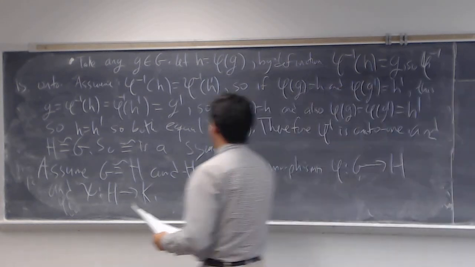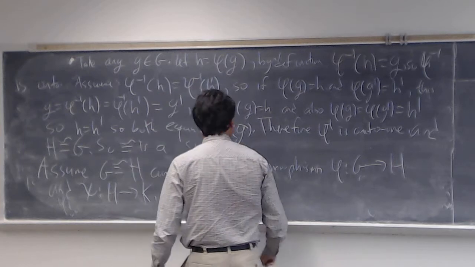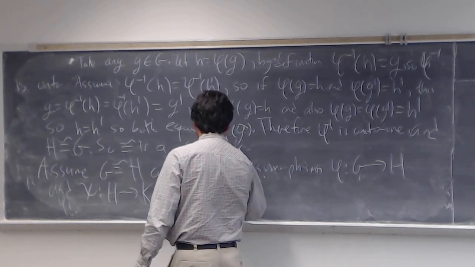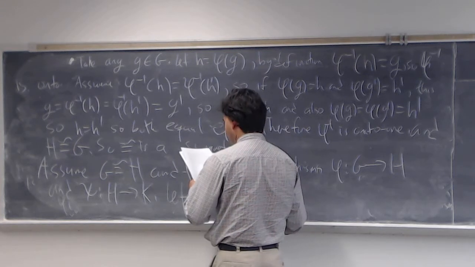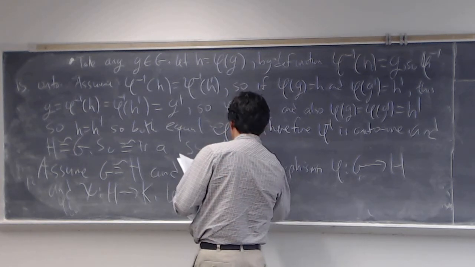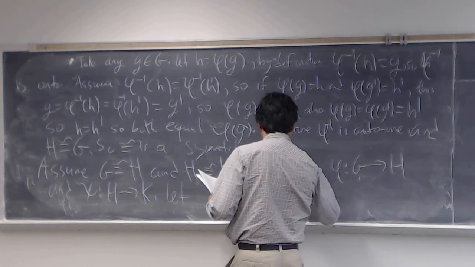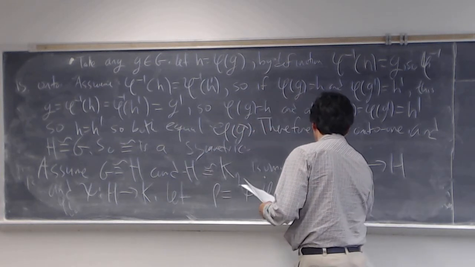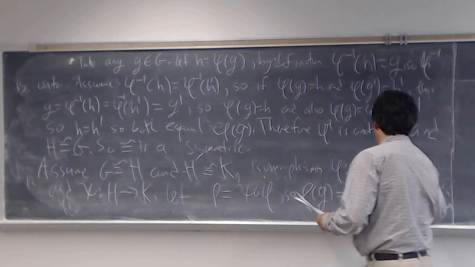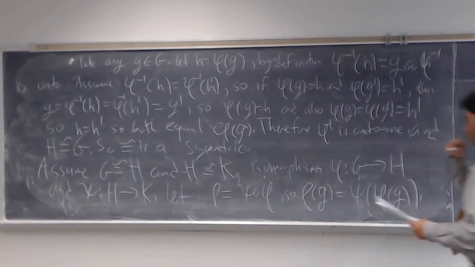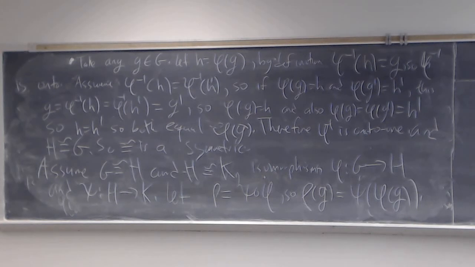So let rho be psi composed with phi. So rho of G would equal psi of phi of G. Again, we're using the notion of function composition. There's a lot of connection between some of this material and pre-calculus, especially this notion of one-to-one.